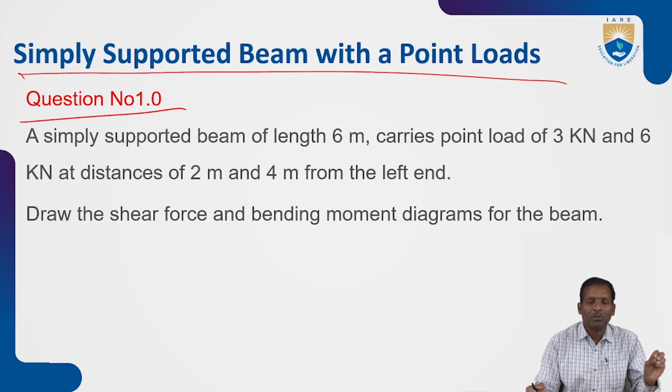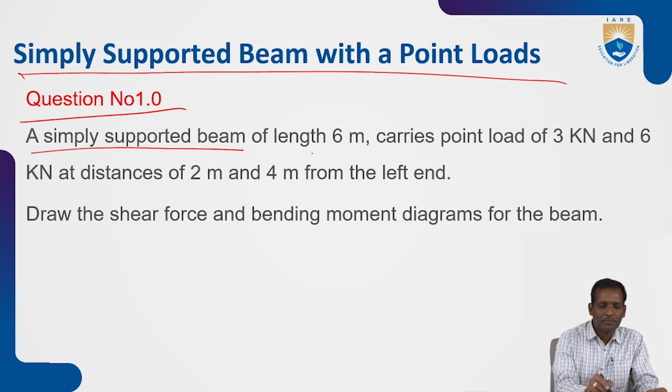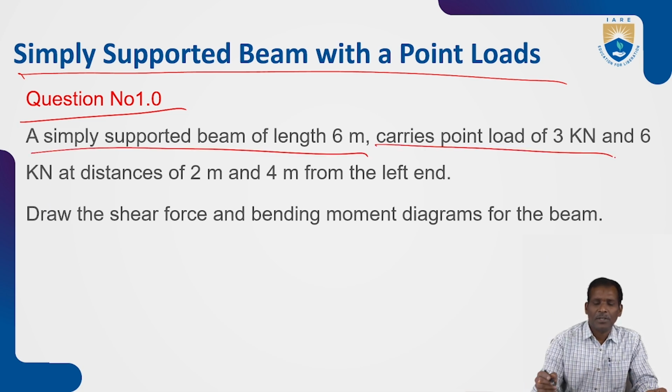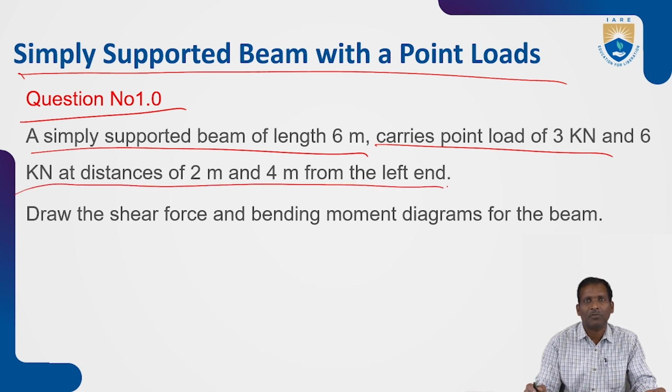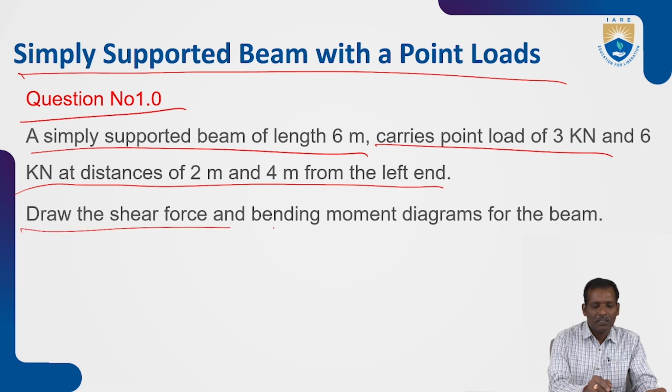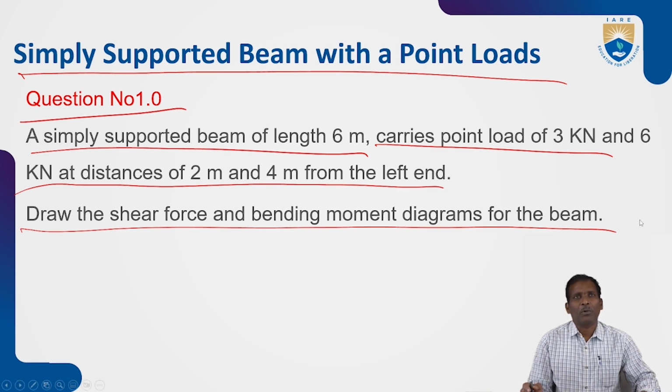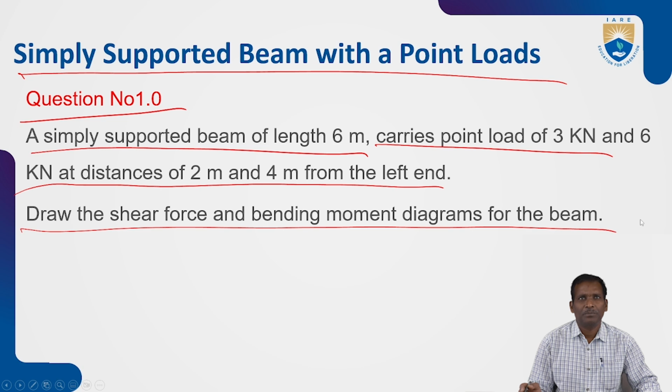This question is taken from the question bank. A simply supported beam of length 6 meters carries point loads of 3 kilonewtons and 6 kilonewtons at distances of 2 meters and 4 meters from the left hand. Draw the shear force and bending moment diagrams for the beam. The given type of beam is a simply supported beam.